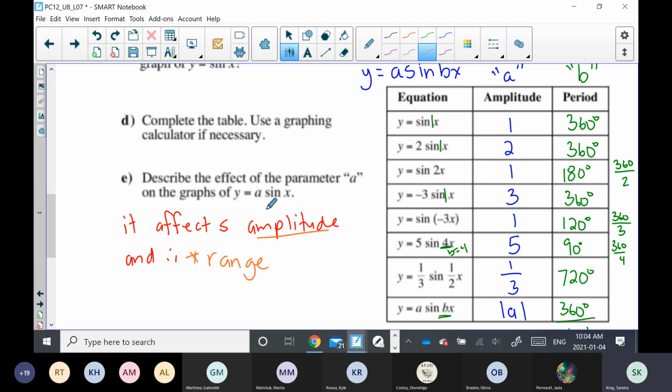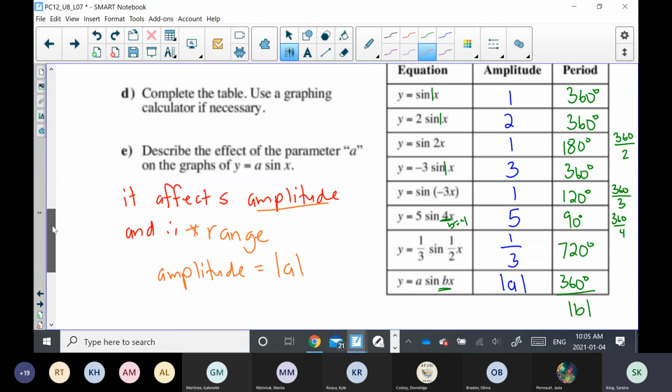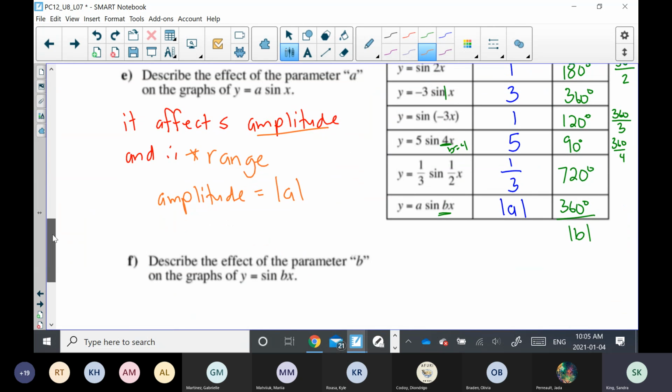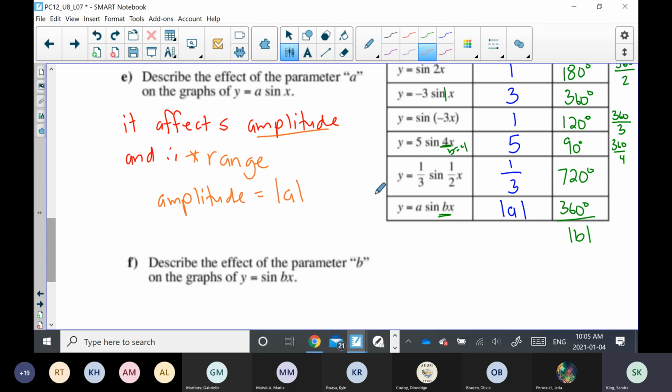Because originally our sine graph goes from 1 to -1. Well, this one's going to go from a maximum y value of 2 to -2. This one is going to go from 3 to -3, so it's going to affect the range. And then I want you to write amplitude is equal to the absolute value of A. So whatever the number in front of the sine or cosine graph is, you just take the absolute value of it. That's going to be the amplitude of your graph. That's the height of your graph from the midline.